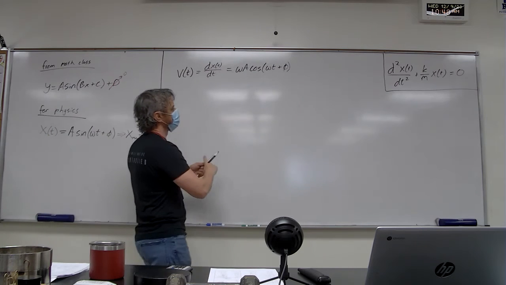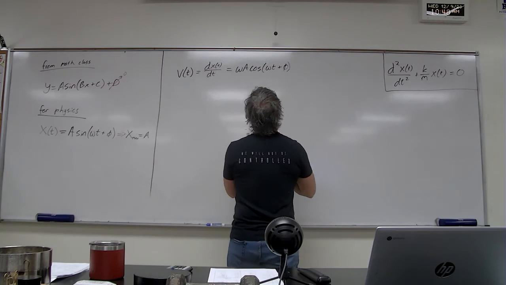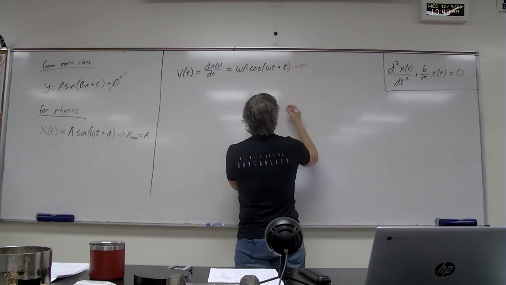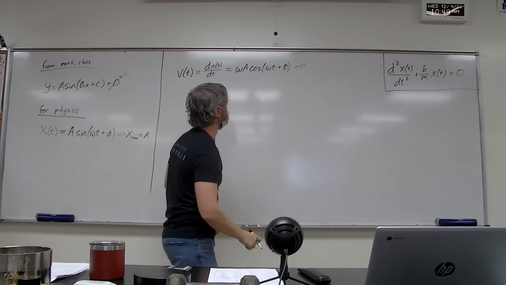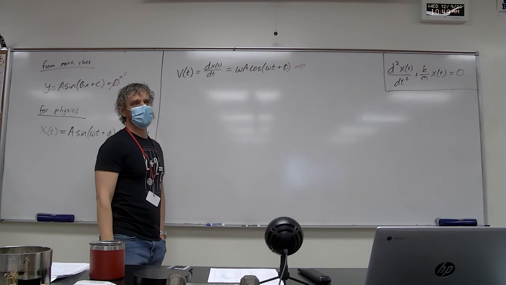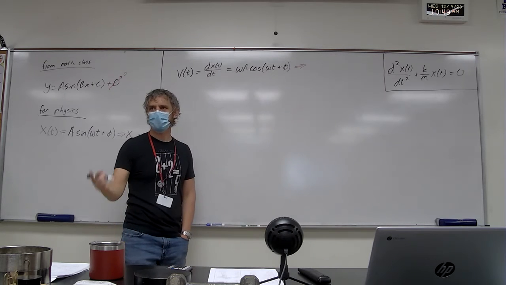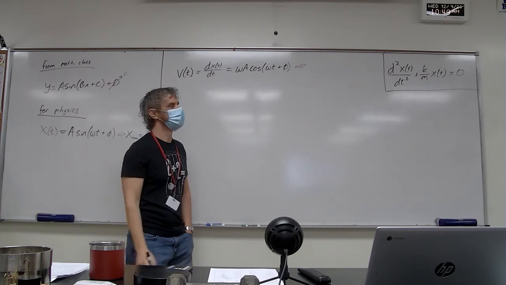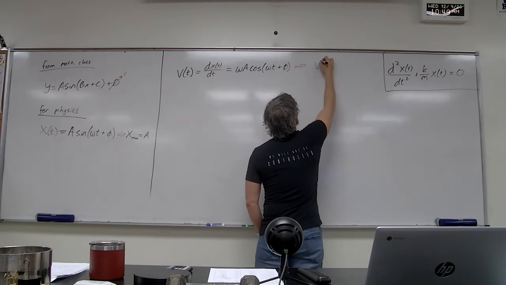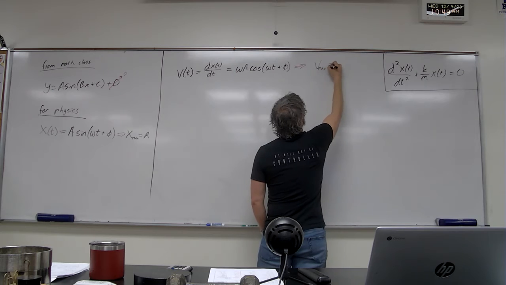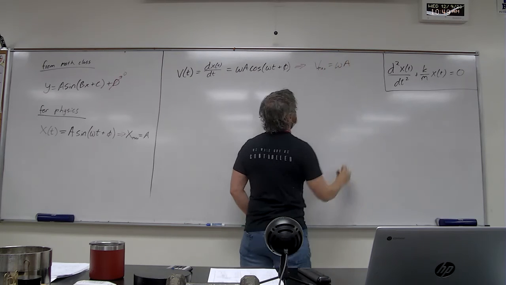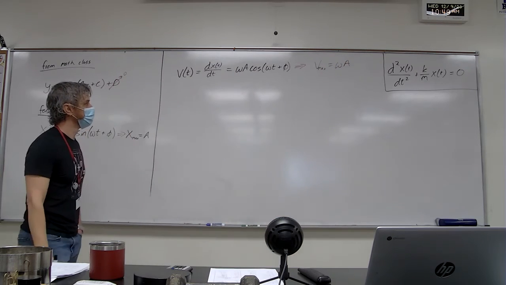So what would our maximum velocity be just by looking at this equation? What's the maximum value cosine omega t plus phi can be? 1. And so our maximum velocity is omega times the amplitude, A.